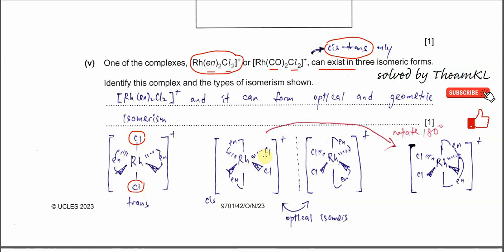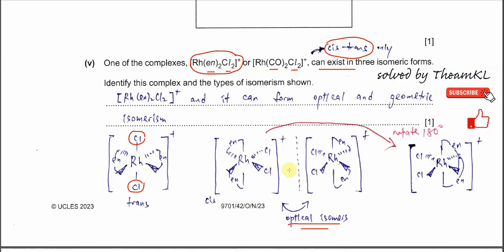When the chlorides are at the same side like this, this is a cis isomer, and same side means the bond angle is 90. This cis isomer can form a mirror image, and both isomers are non-superimposable. Therefore, we call them enantiomers or optical isomers, meaning it will show optical isomerism.